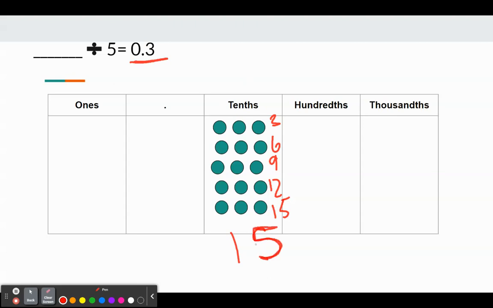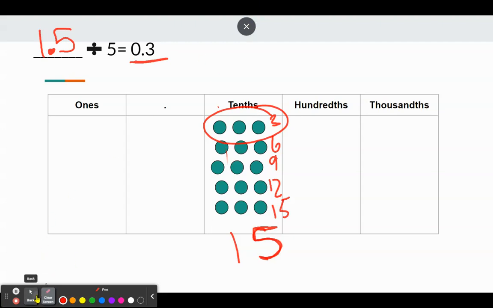So now I know I had to take 15 tenths and divide them by 5. That gives me 3 tenths. So 15 tenths divided by 5 is 3 tenths, or 15, and then place my decimal point. So now I have 15 tenths.